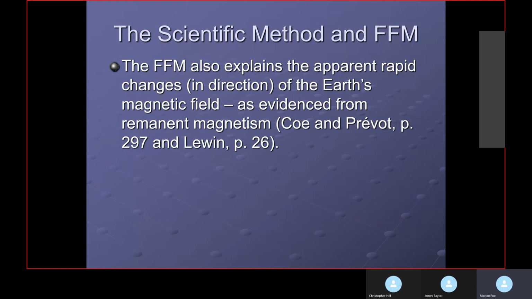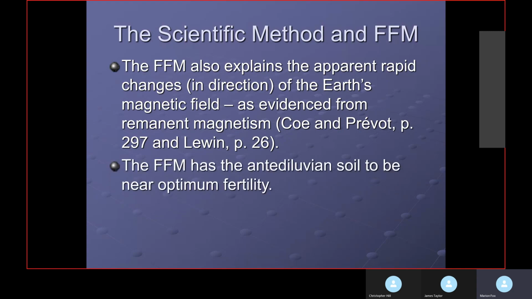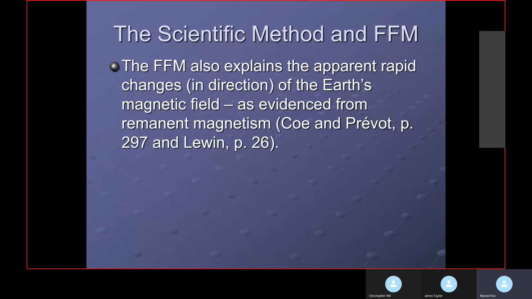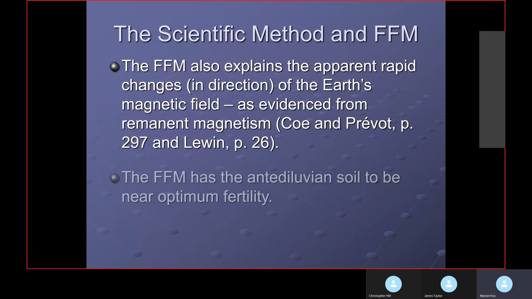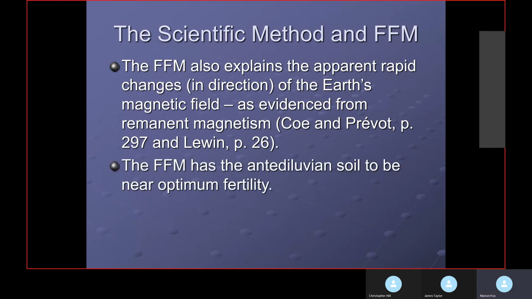This would fit in quite well with the flood model that I've given. The Fox flood model has this happening very quickly, and it could easily have happened during the flood. We've shown that with some of our graphs and charts.